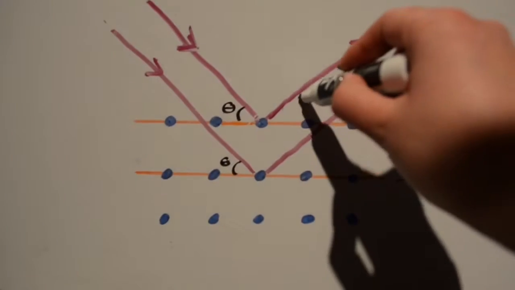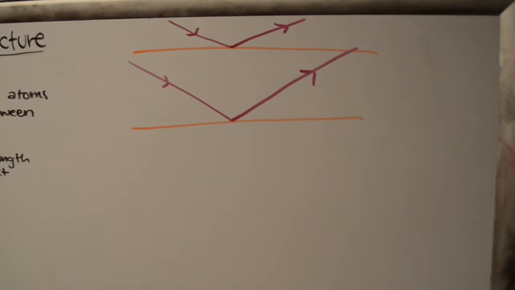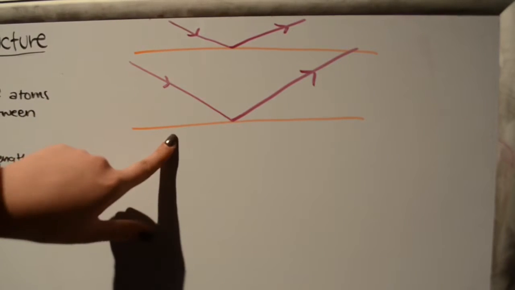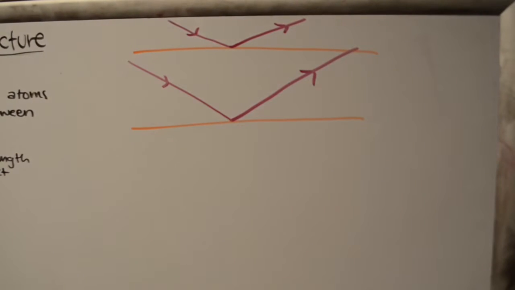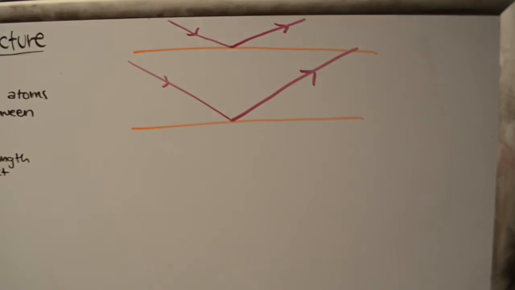So if we take a closer look at this area right here, we would see those same two X-rays and those same two atomic planes. So we know that because the X-rays are coming from infinite distance away, they have to be parallel to each other.